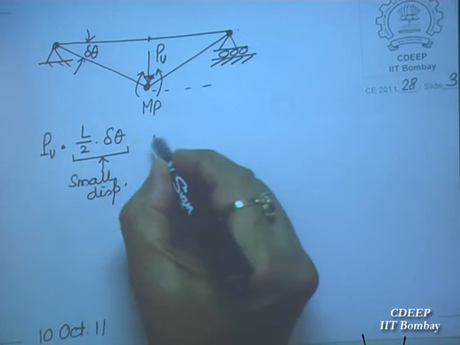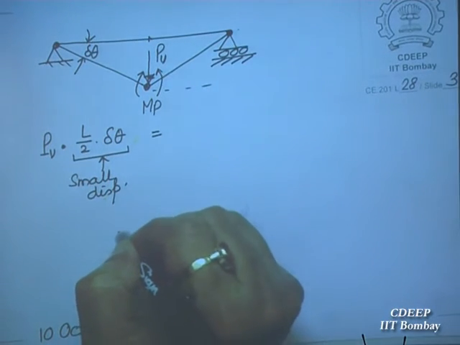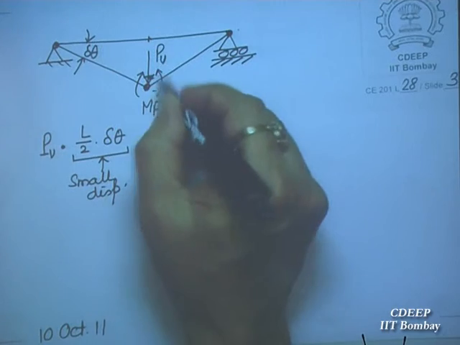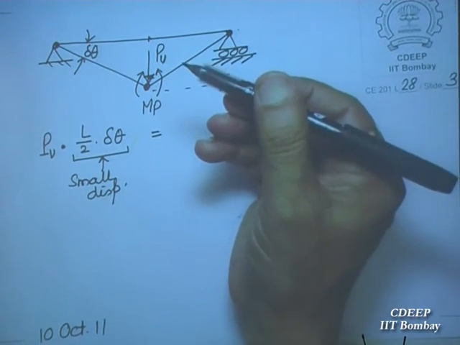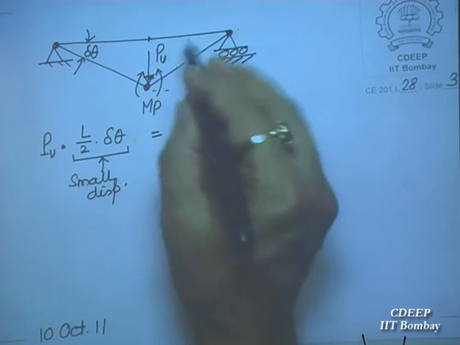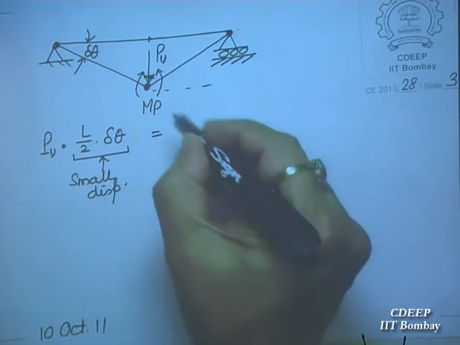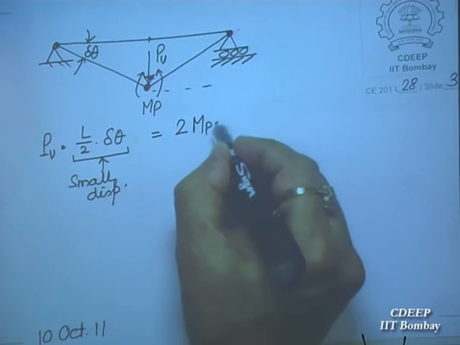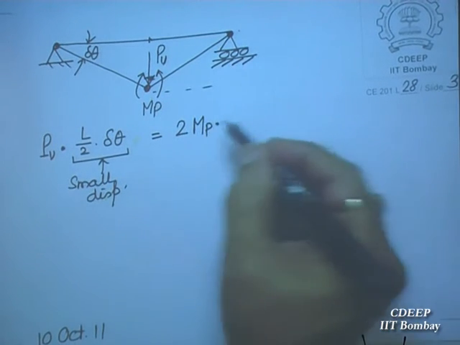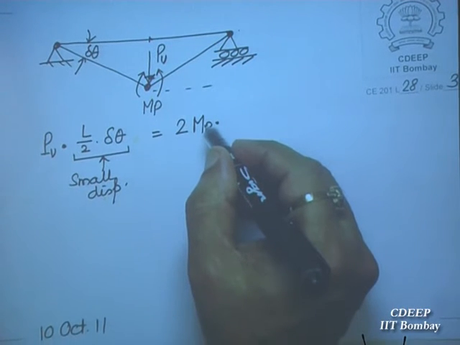This is the work done, and that must be equal to what? This MP, the internal moment that has been created here, that is existing. On this side as well as on this side, so 2 MP. Both sides MP is there, and this has also done work. So how much?